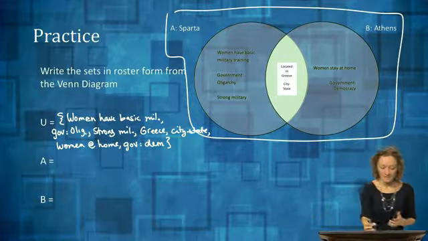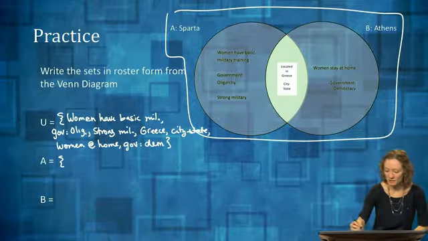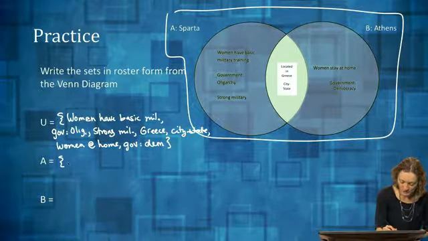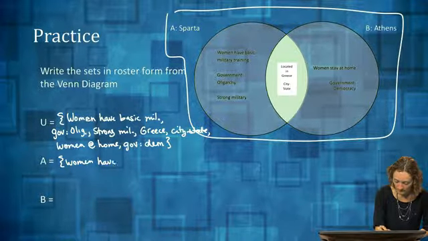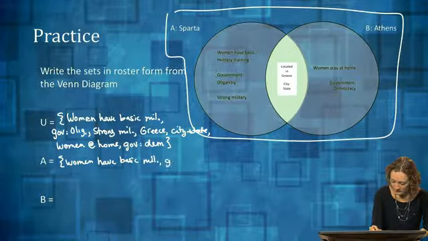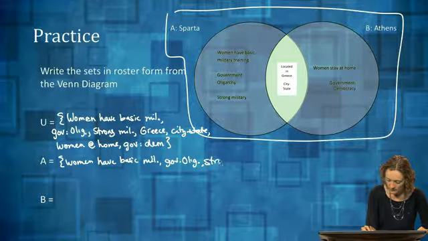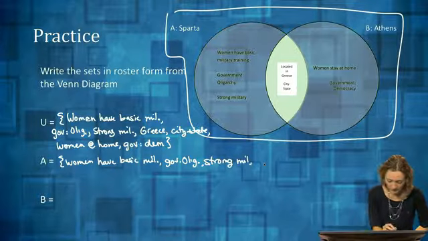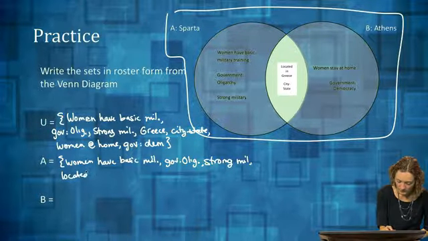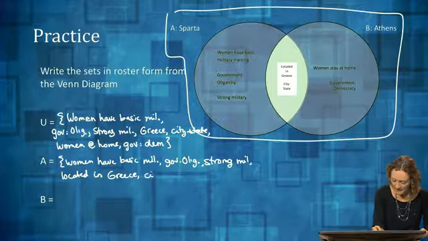Set A, everything that is just Sparta, contains everything that is only in the circle A. So this would be women have basic military training. The government is an oligarchy. Strong military. Located in Greece. And a city-state.